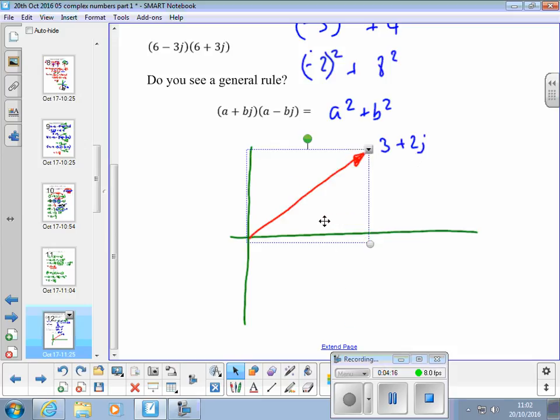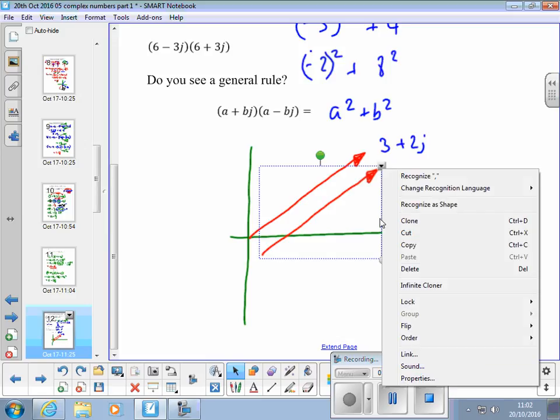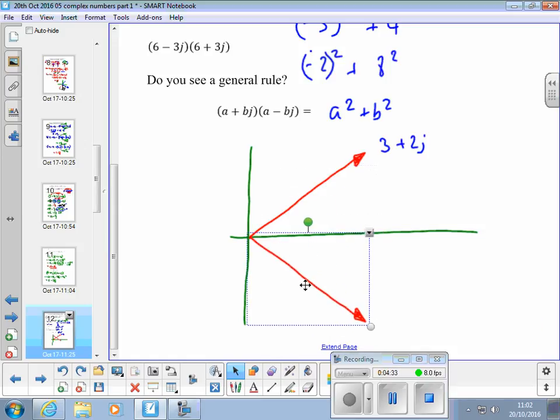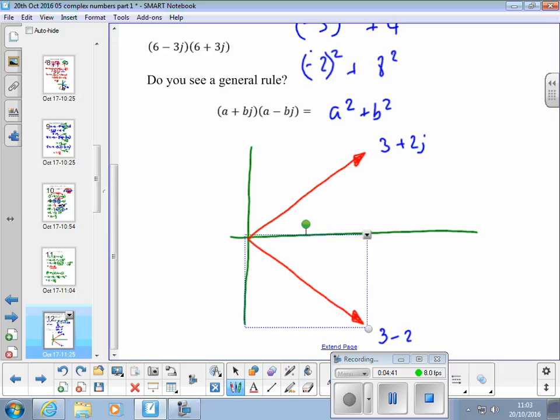Control Z, Control D, and that is 3 minus 2j down there, the complex conjugate.